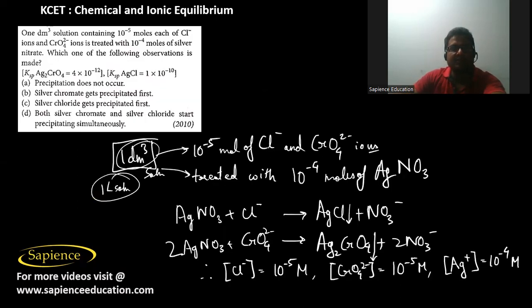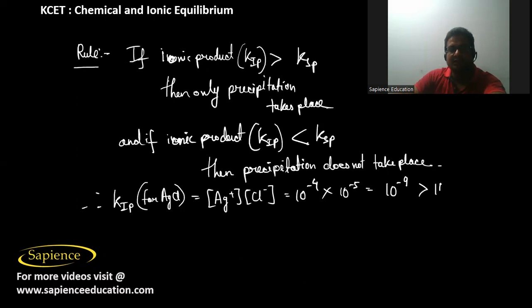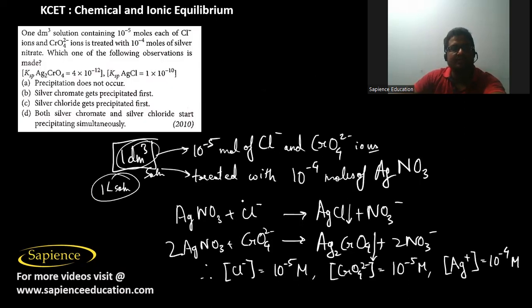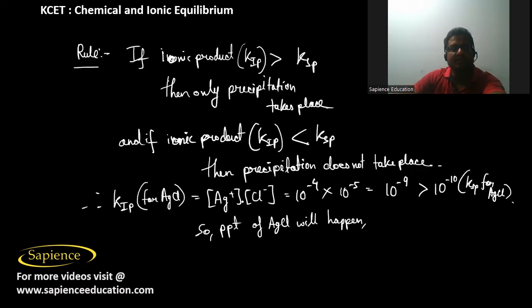Now KSP for AgCl is 10 power minus 10. So this is more than 10 power minus 10, the KSP for AgCl. So KIP for AgCl is more than KSP for AgCl, so precipitation of AgCl will happen. It means silver chloride gets precipitated.